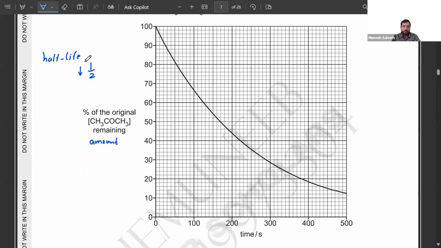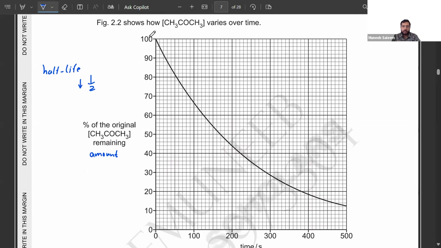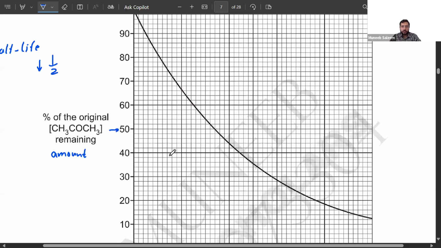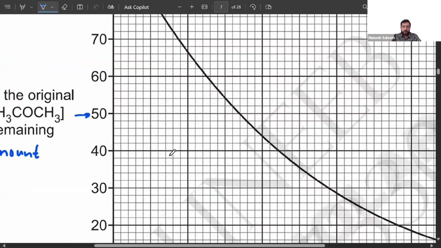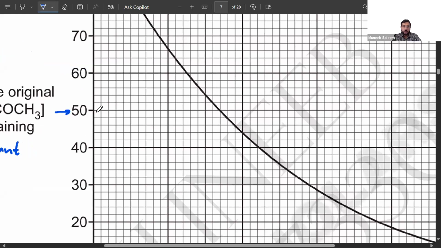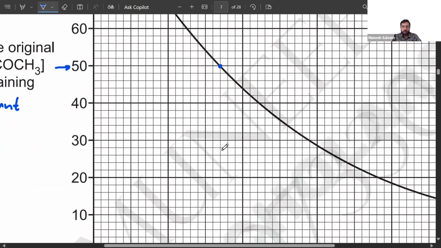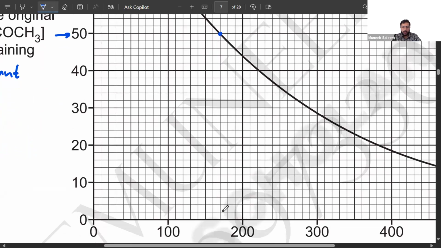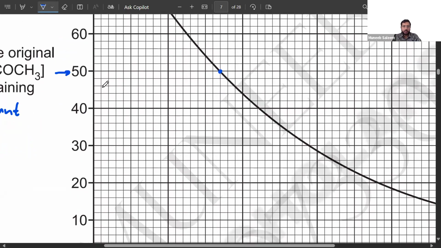So if I start from 100% over here, I need to have the value of this propanol at 50%. So 50% is here. Now I need to check on which point on the x-axis it touches. So it is meeting over here. All right, now this is my first half-life.